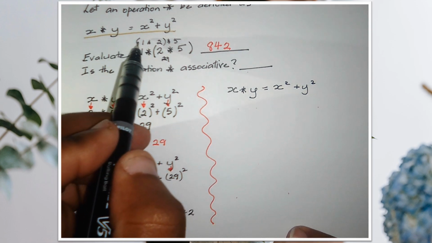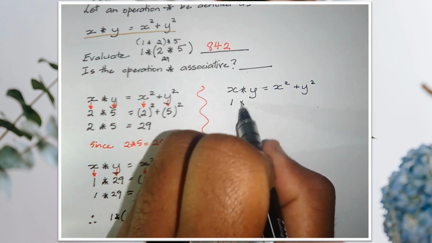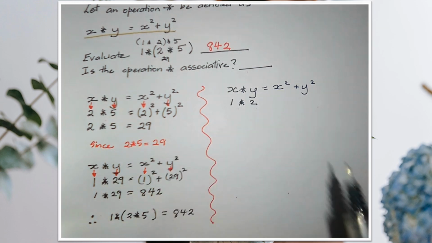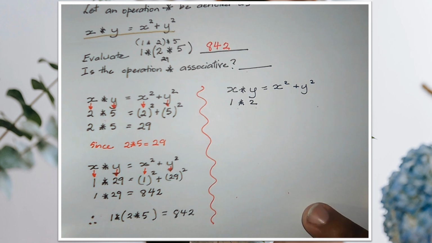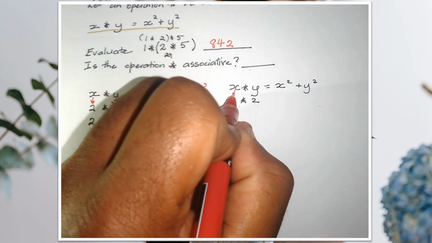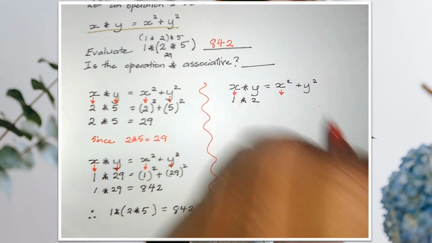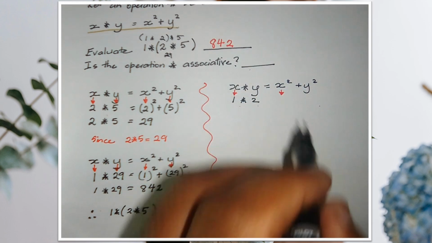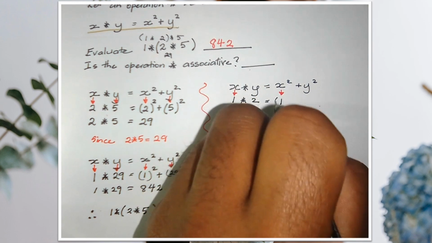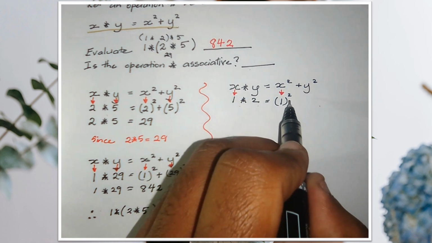So in this bracket we have 1 star 2. So straight away, we know that the value of x is going to be 1. So wherever I see x, I'm going to put 1. Substitution in brackets, and x had a square, so we're going to put 1 on a square.